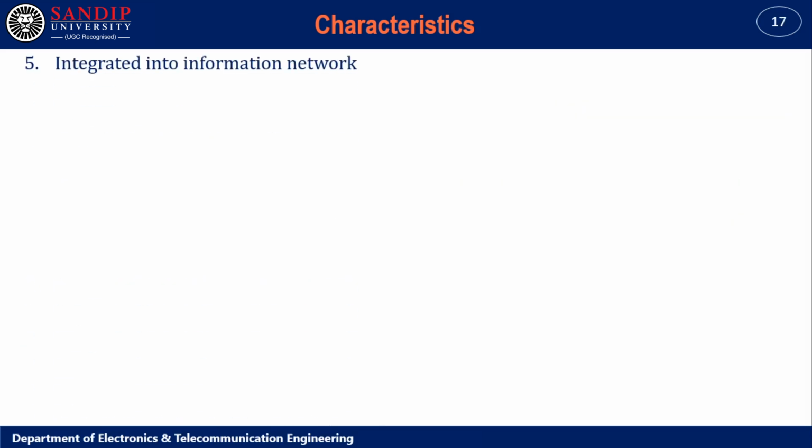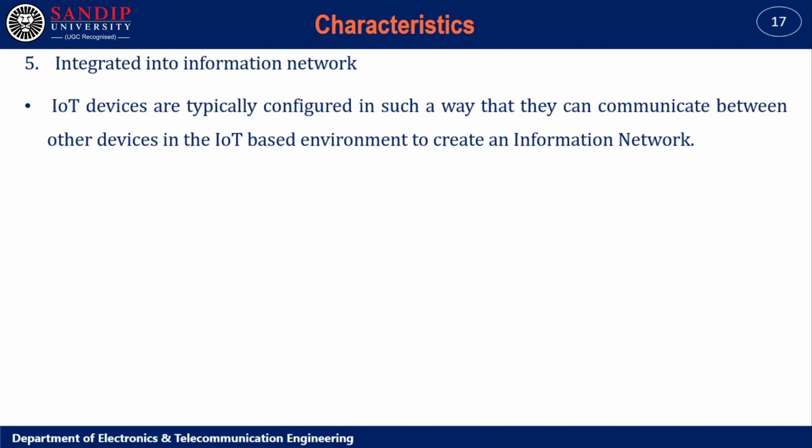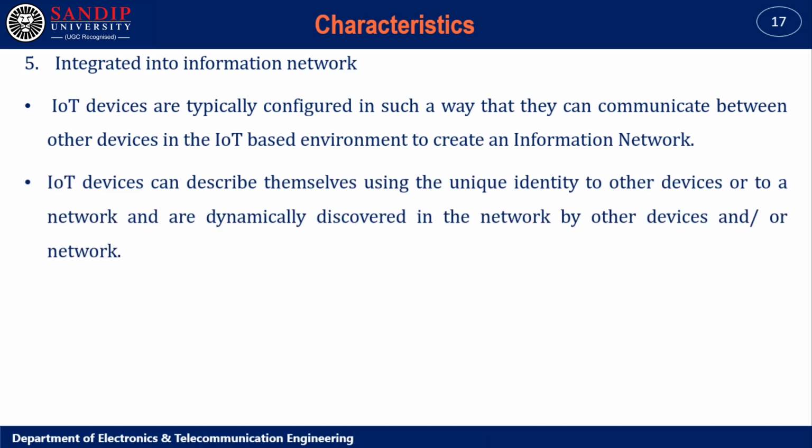Integrated into information network. IoT devices are typically configured in such a way that they can communicate with other devices in the IoT-based environment to create an information network. IoT devices can describe themselves using a unique identity to other devices or to a network and are dynamically discovered in the network by other devices and/or the network.